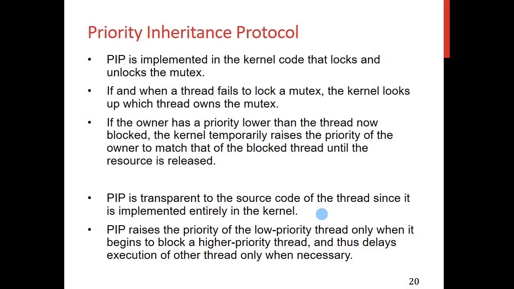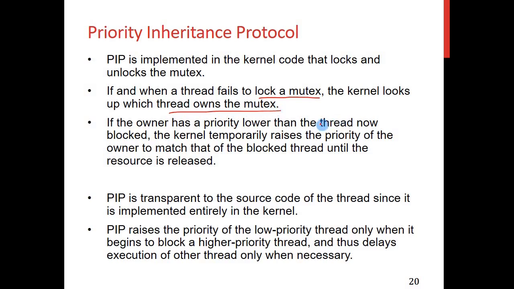So let's look at the first one, Priority Inheritance Protocol. In Priority Inheritance Protocol, when a thread fails to lock a mutex, the kernel looks for which thread owns the mutex.